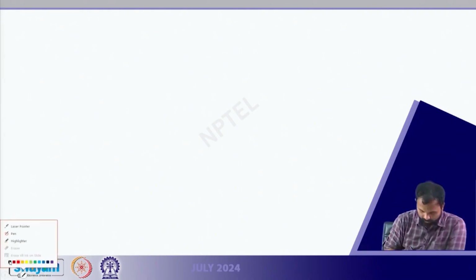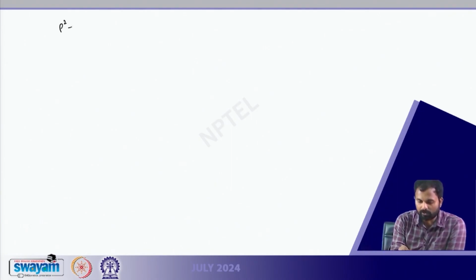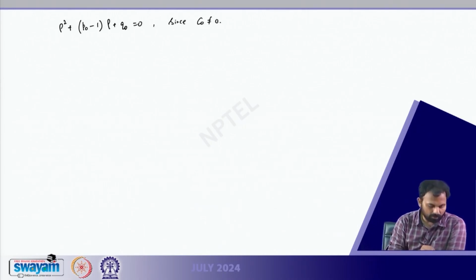So we wrote rho square. This was our equation required for the series solution of that type, which we wrote. So rho square plus (p0 minus 1) into rho plus q0 equals 0, since c0 was not equal to 0, right.